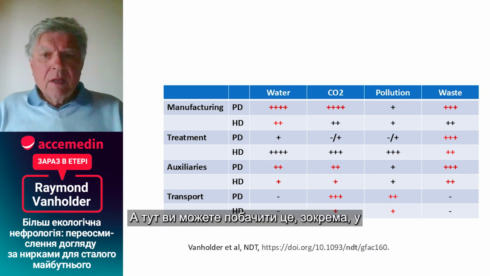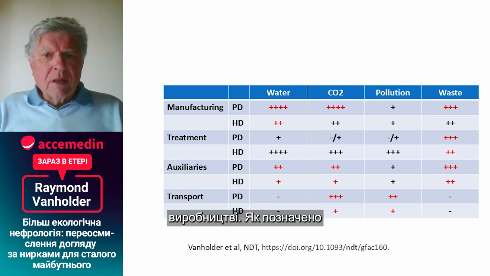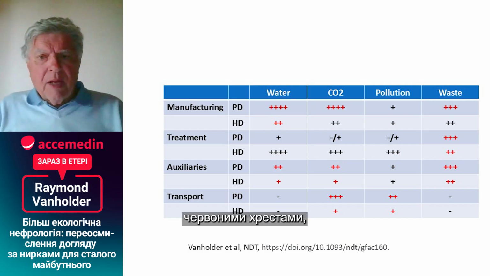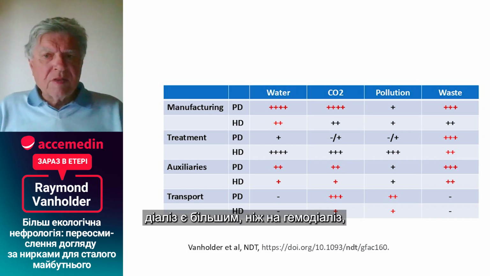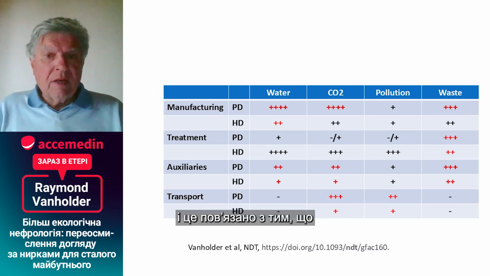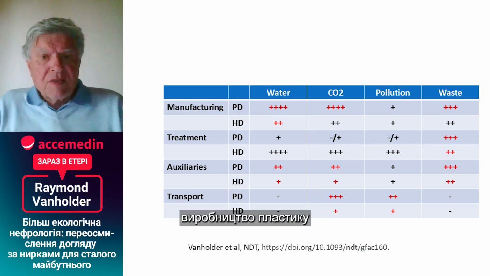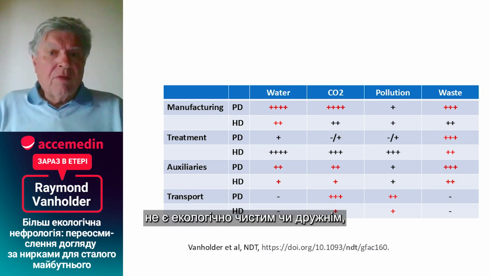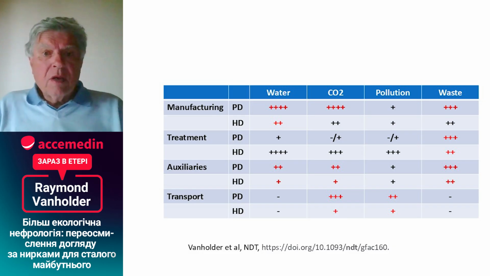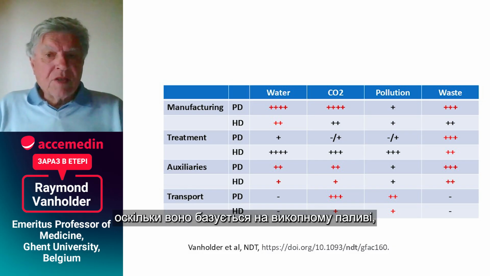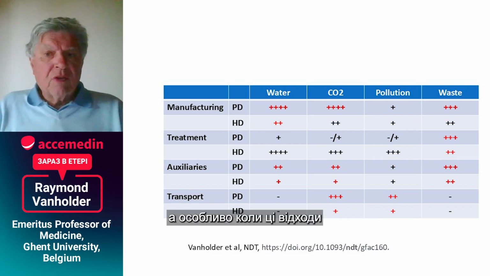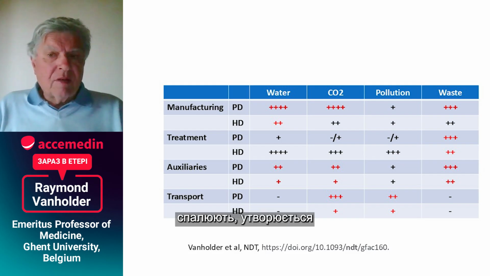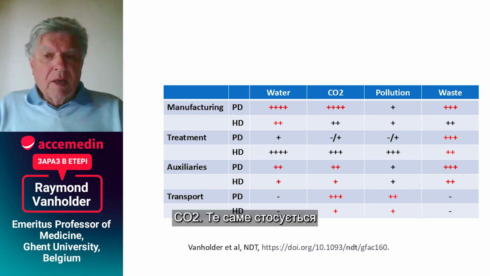And here you can see that particularly in the manufacturing, as indicated by the red crosses, there is a higher burden for peritoneal dialysis than hemodialysis, which is related to the fact that there is more plastic involved, and plastic production is environment unfriendly because it is fossil fuel that is transformed into polymers, and especially also if it turns into waste, it is incinerated and it becomes CO2 again.